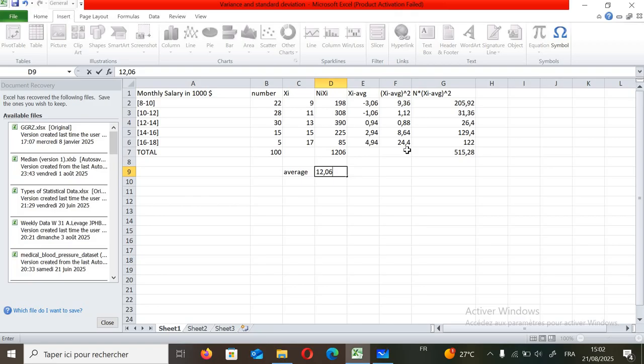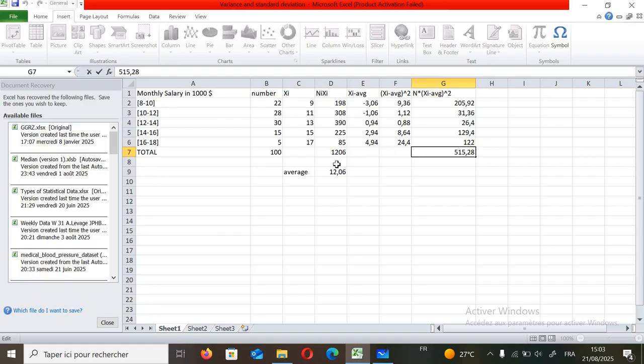Then we're going to take that and multiply by the number. 9.36 multiplied by 22 is 205.92. 1.12 multiplied by 28 is 31.36. 0.88 multiplied by 30 is 26.4, etc. Then we look for the sum, because the formula is the sum of ni multiplied by xi minus x bar squared, which is 515.28.